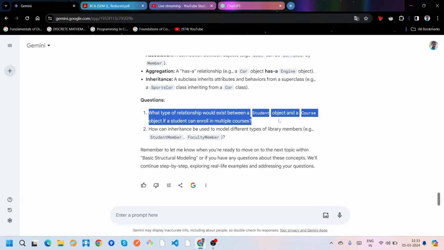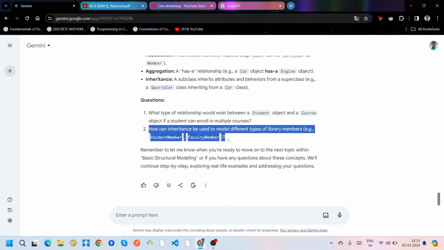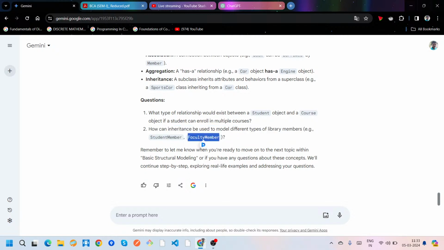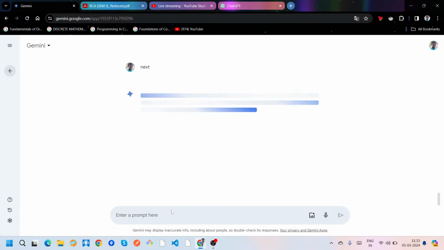Then the second question, how can inheritance be used to model different types of library members, for example student member, faculty member, etc.? You can note down these questions also and solve them by yourself. So now we need to go to the next topic by saying next.